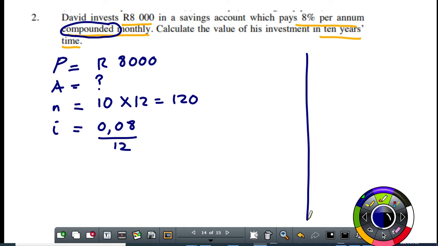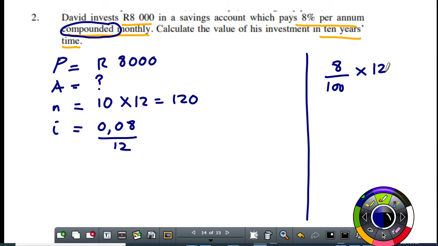Okay, look. If I multiply the numerator by 100, what answer do I get?